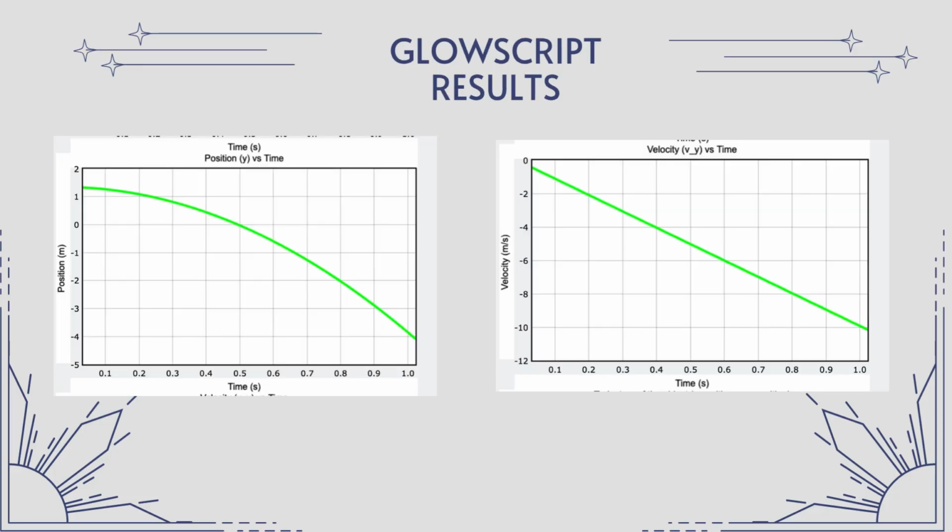And then for our GlowScript results, we got these two graphs. The graph to the left shows position versus time, and you can see a downward trend with that graph. And then the graph to the right shows velocity versus time, which also has a downward linear trend.